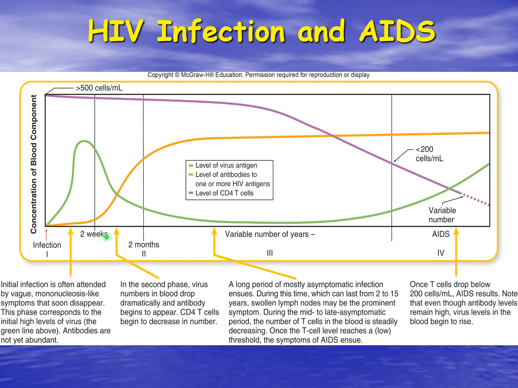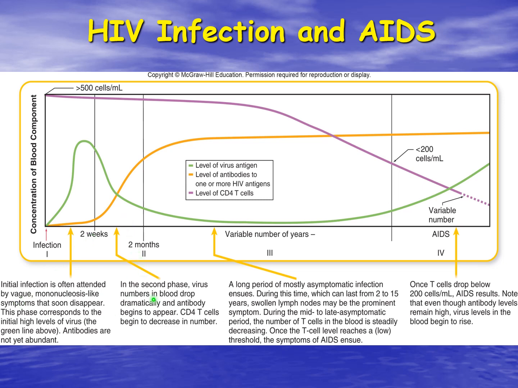Well, this is about right. Again, this 2-week period is a little longer than the normal 5 to 10 days of the normal primary immune response, but this is actually still a primary immune response. Part of the problem, though, is that these viruses infect T helper cells so quickly that the immune system really doesn't get a chance to look at them very fast.